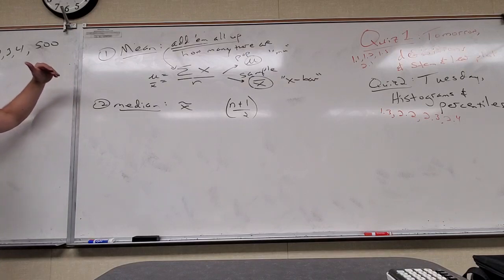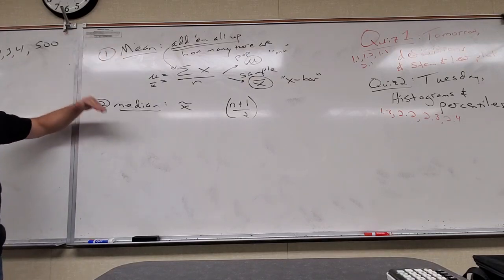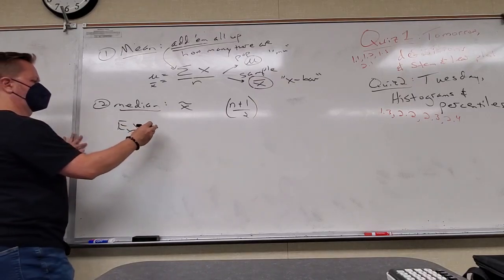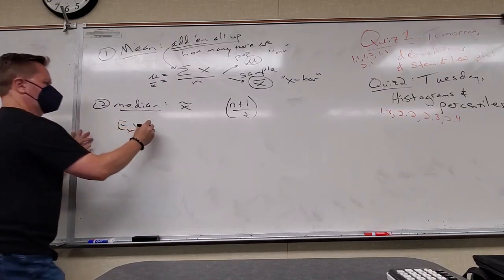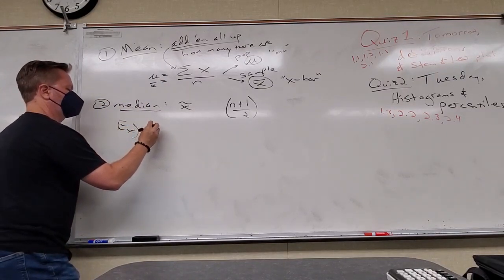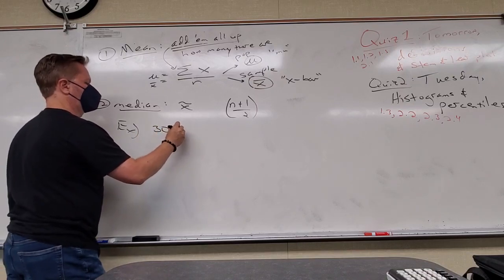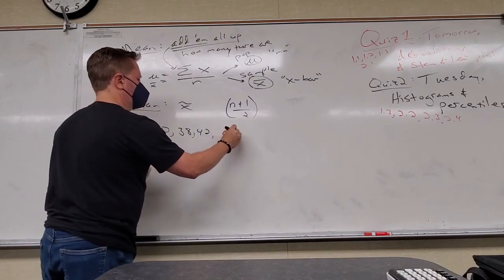Why are there situations, and I've got one right there, where I don't want to use the mean, I'd rather use the median? Let's say I have a company. I'm about to start work at a company. And there's, let's say, 3 employees who make $30,000 a year, $38,000, $42,000, and then there's a CEO that makes $600,000.